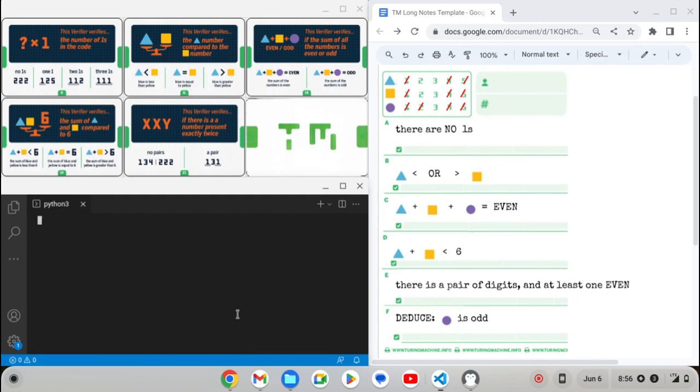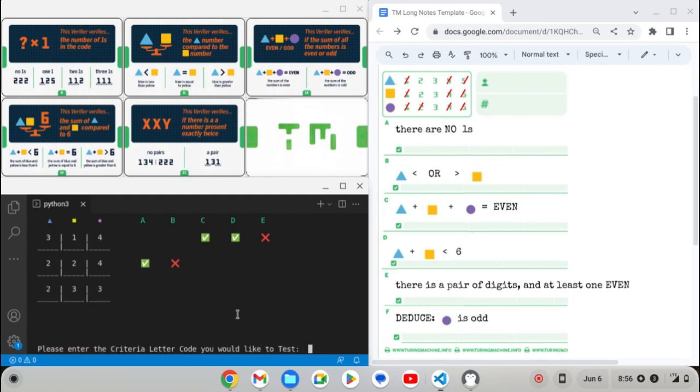All right, and we are going to test criteria card B. Yeah, that's the one that compares it. Okay, so it does approve of that, and if you notice between triangle and square, our triangle is less than square. So let's go ahead and cross out the greater than symbol.